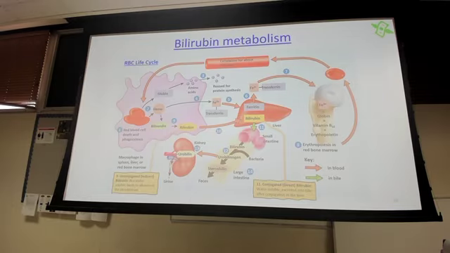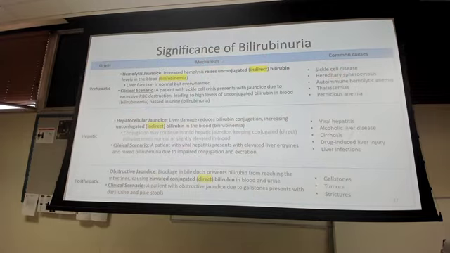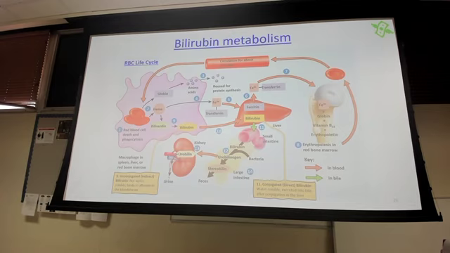So once the RBC dies and is broken up, eaten by that macrophage, it is broken up into iron, and then the iron goes on a transferrin into the liver, becomes ferritin, goes back out, and goes back into the bone marrow. But then you have a portion of that iron where the bilirubin is broken down.